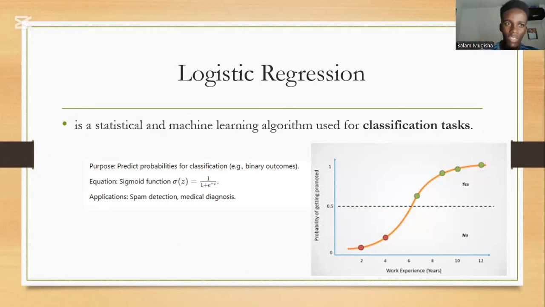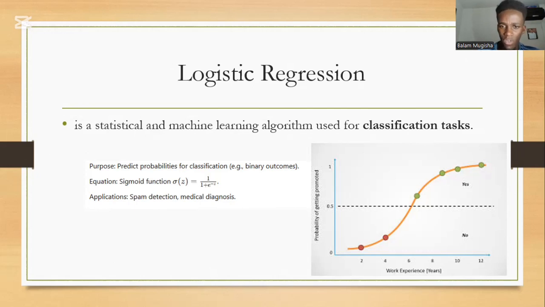So we always have to introduce non-linearity to help us predict models or predict unseen data. Yeah, data we haven't seen. And the function we use is a sigmoid function, in that it has 1 over 1 plus the exponential of the negative x. And yeah, the applications like my colleague talked about earlier, we have spam detection, yeah, medical diagnosis.